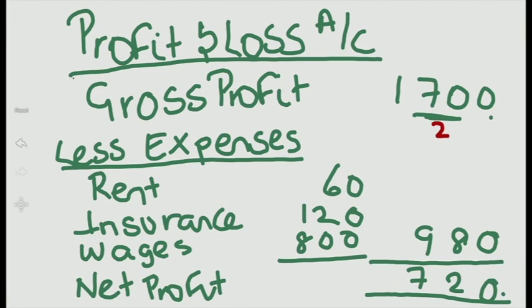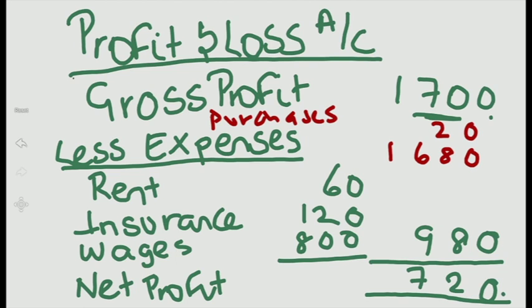If we subtract the 20 emalangeni, which was purchases undercasted, our gross profit will be at 1,680. That will be our net profit.